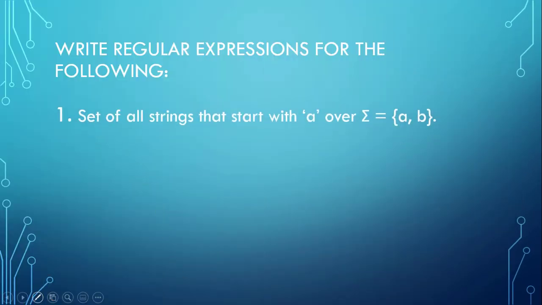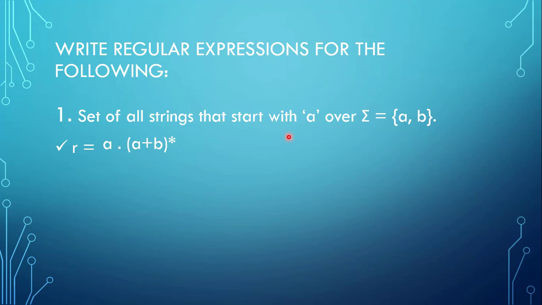Set of all strings that start with A over the input A comma B. Now we have already seen one example in our example set. So let us solve the question with R equal to A dot (A plus B) star. Now when we say set of all strings, that means (A plus B) star will be there.